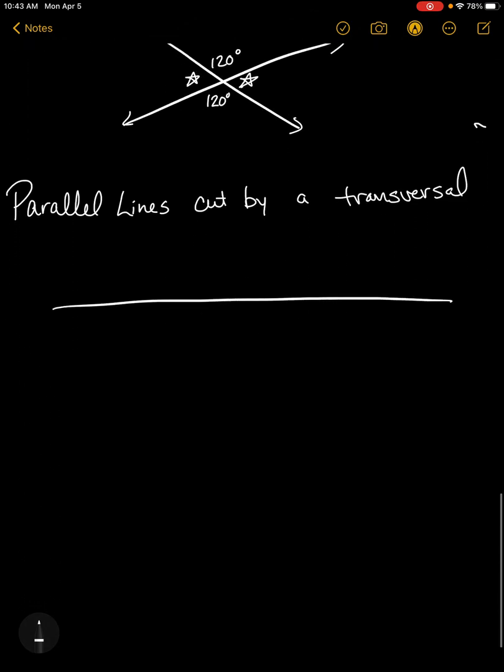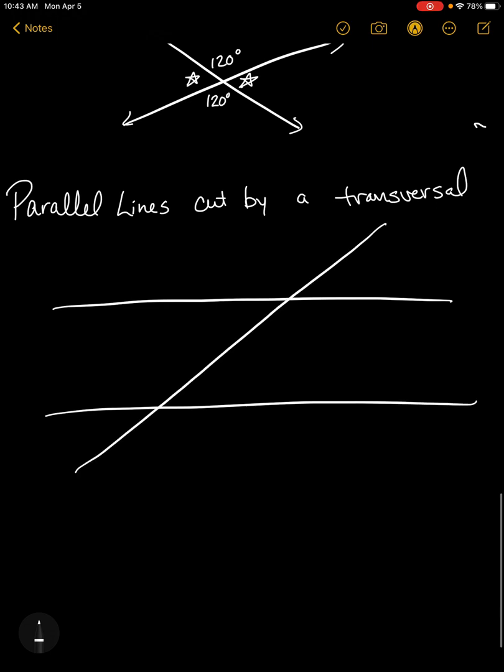All right, and then the last part is parallel lines cut by a transversal. So we'll see how much you know of this when we get to school. So if you have parallel lines, they'll mark them by the little triangle things, and they will say that it's going to make 8 angles.